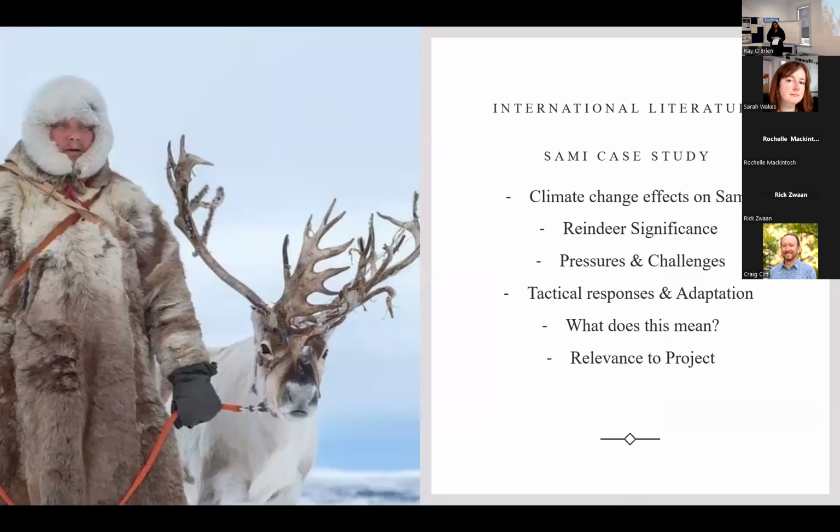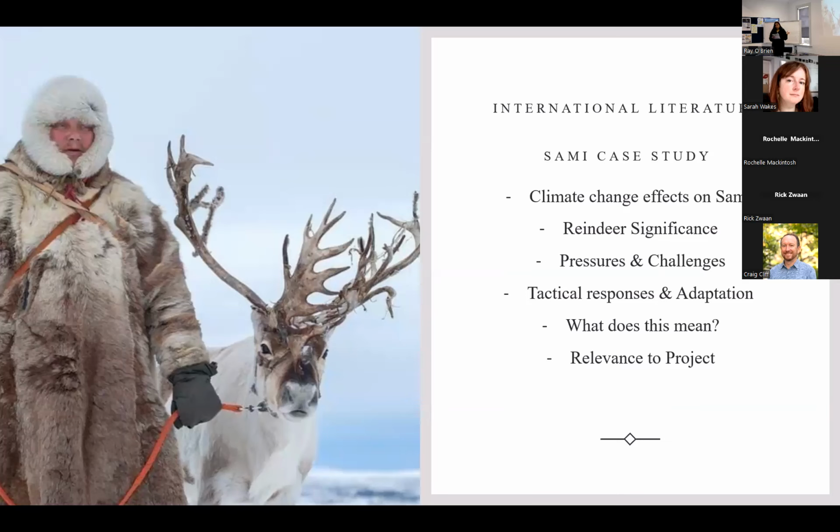Okay, so I'm going to move on to 2 case studies which substantiate these themes. We have summarized these down quite a lot, but they will be in our research report. Okay, so climate change has profoundly affected Arctic Scandinavian areas where Sami herders and reindeer preside.